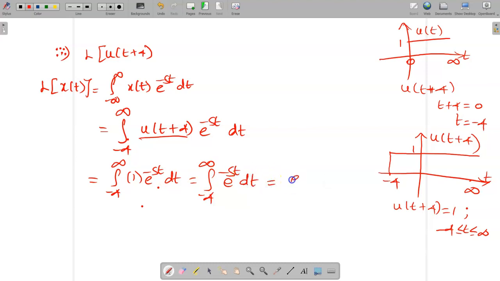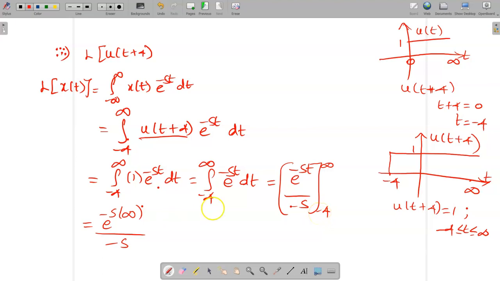Apply the integration. So e power minus st divided by the t's coefficient, minus s. So you can write the equation like this. Apply the upper limit: e power minus s into infinity divided by minus s. Apply the lower limit: minus into minus will become plus, e power minus s into minus 4 divided by s. Okay.